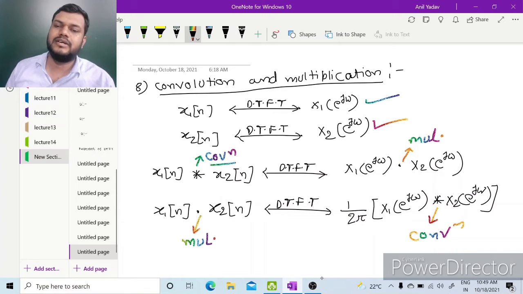So convolution in one domain is multiplication in another domain, and multiplication in one domain is convolution in another domain.